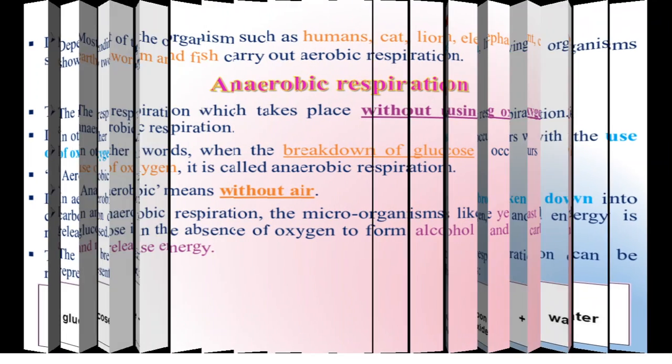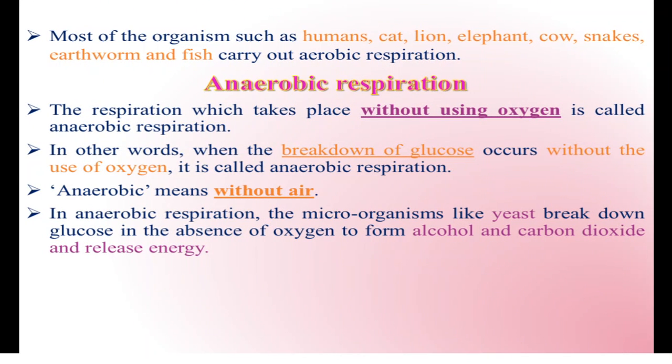Next, most of the organisms such as human, cat, lion, elephant, cow, snake, earthworm, fish, most of the organisms present on the earth respire by aerobic respiration. Humans, cat, lion, elephant, cow, snake use lungs to respire.